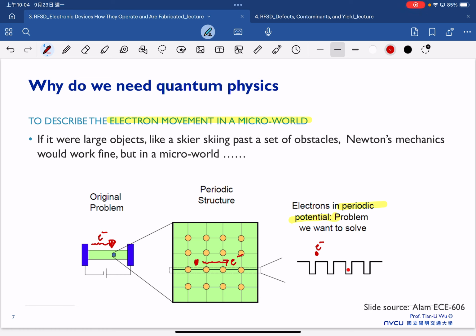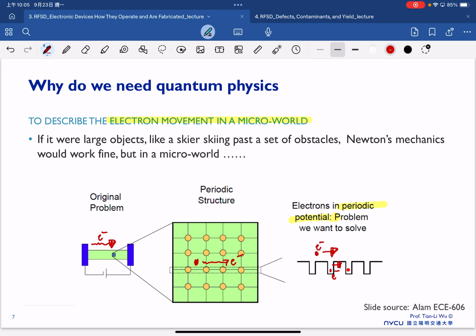In this case, the electron can first be moving in this direction, or unfortunately, we might also have the electron stuck inside this potential well. If the electron is located in this potential well, what will be this electron's behavior? This is the issue that we are trying to understand.